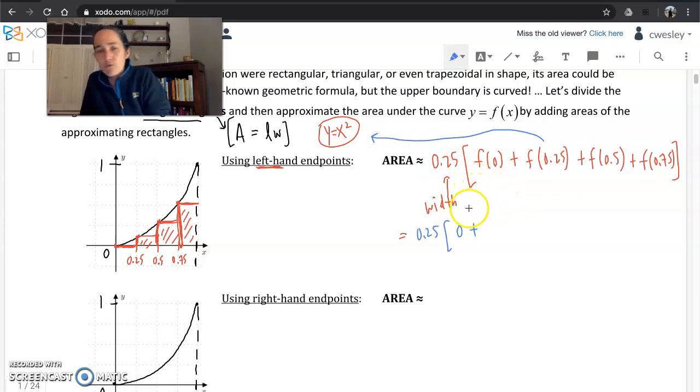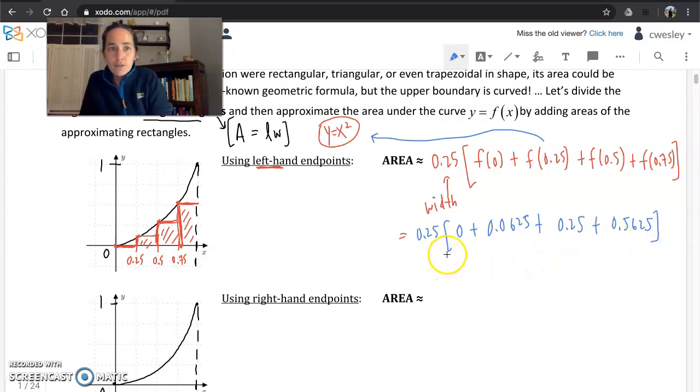You plug into the original function, you get 0.0625 is the height of that rectangle here. What's the height of the next one? It would be 0.5 squared, so 0.25 would be the height of the third rectangle. And the height of the fourth rectangle is 0.75 squared, and that is 0.5625.